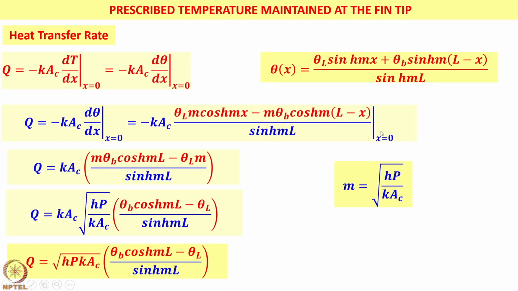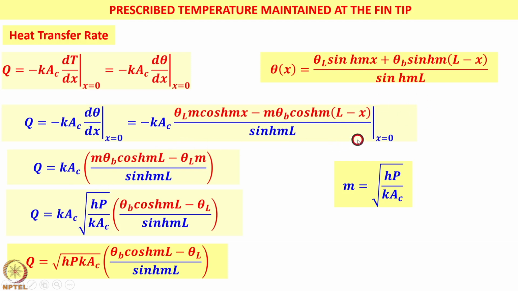Now, if you take the heat transfer rate, that is q equal to minus kAc dT/dx at x equal to 0, that is nothing but d theta/dx at x equal to 0, and I have the temperature distribution. If you differentiate that, sinh mx becomes m cosh mx, and for the other term you get m theta b cosh m(L minus x), with sinh ml below.